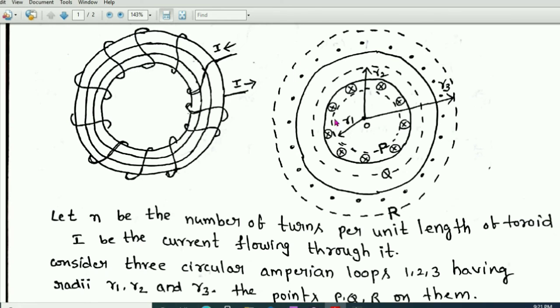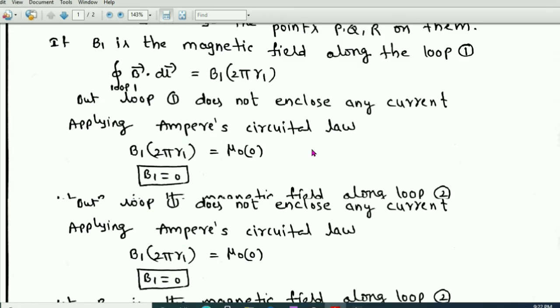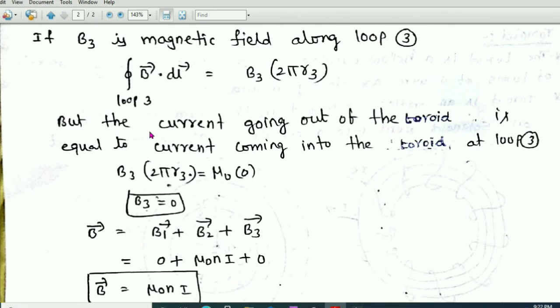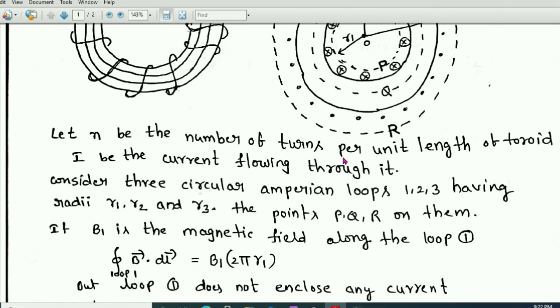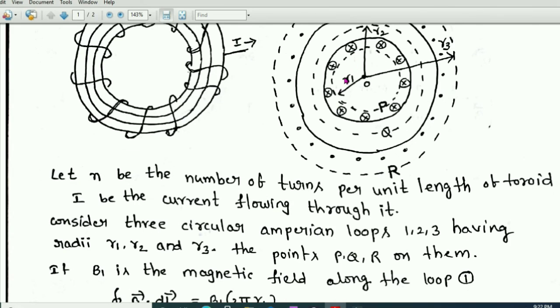That is, the line integral of B bar dot dl bar, B3 into 2 pi r3, is equal to mu naught times the current, which is 0. Then B3 is 0.